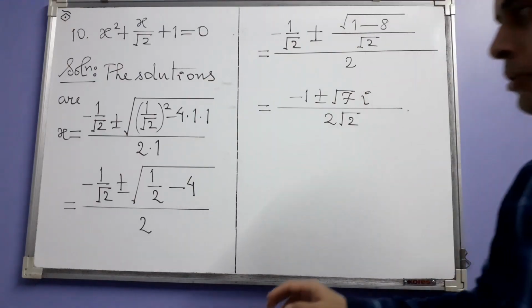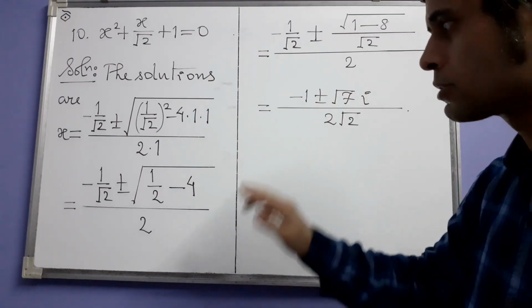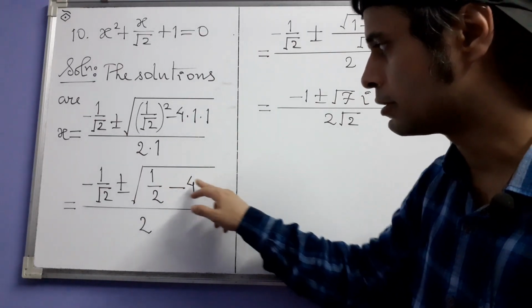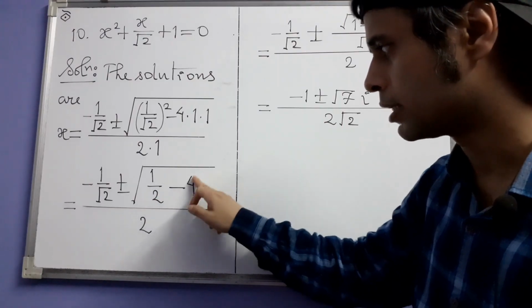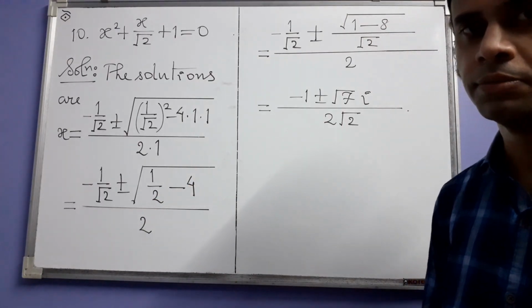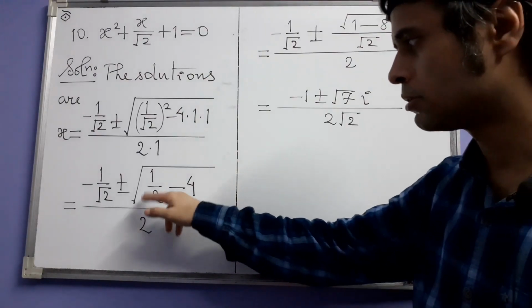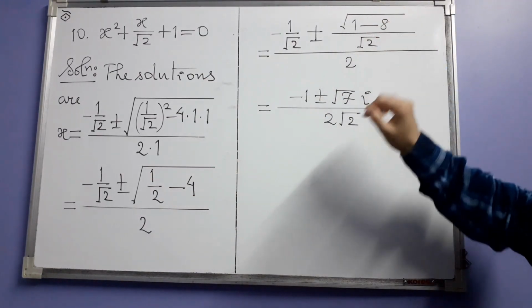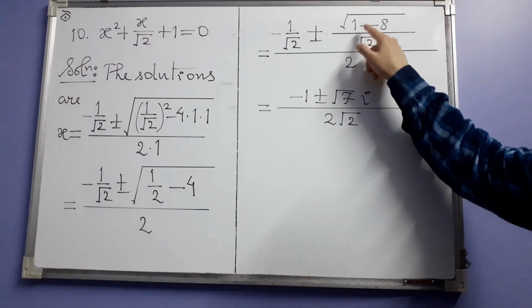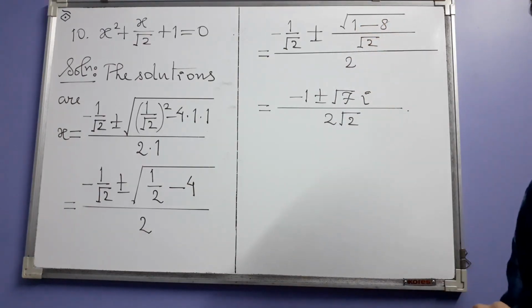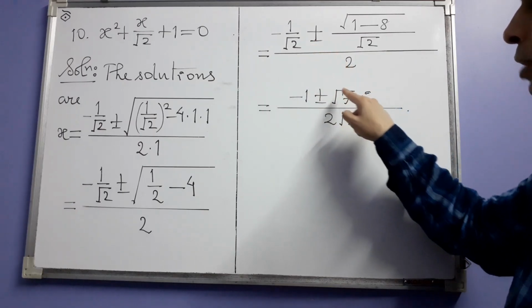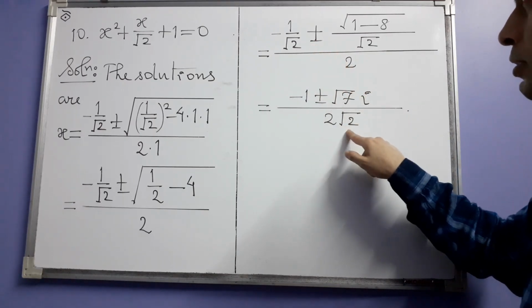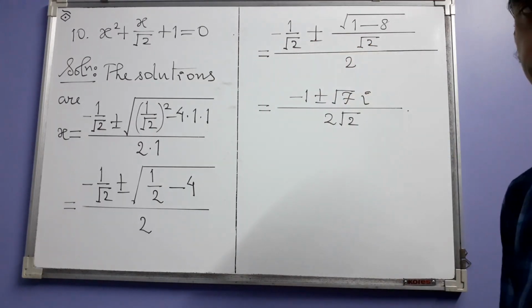So what you can do in the next step is you can write this as the ratio 1 minus 8 divided by 2. And then over the entire ratio you have the square root, which you can split in two parts. So that way you get square root of 1 minus 8 divided by square root of 2. And then you can write root 2 here in place of this 2.